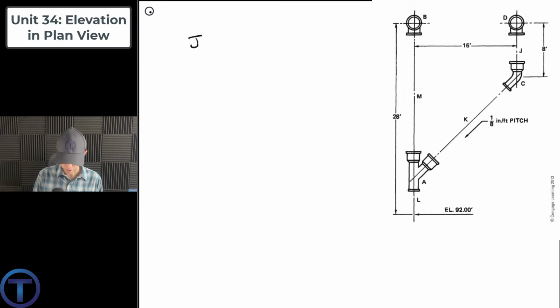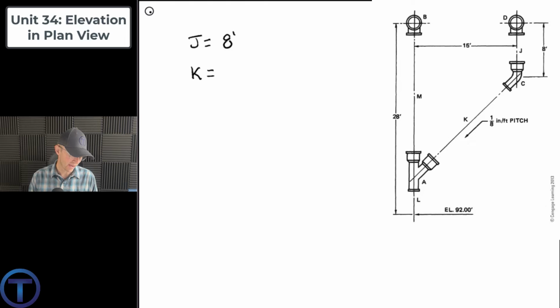Let's start off with J. If you look there on the diagram, J is actually given to us. It's the section from the 45 to the 90 on the right side, and it's given to us as 8 feet. Not too much involved there. Let's find K. K is going to be the measurement from the 45 down to the Y that's on the lower left side.